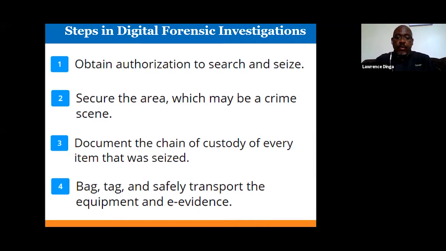Then you need to collect the evidence, the devices that actually belong to the suspect. You bag them, you tag them, and then you safely transport them to the laboratory. Why is this very important?